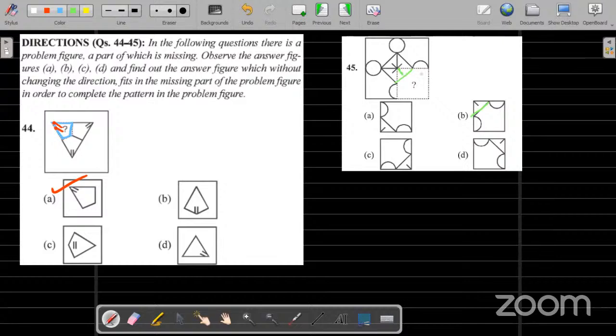If you fill the other part, it has to be like this, right? So this will be the answer, and that is option B. Without changing the direction, that must fit into the missing portion. So 44 is option A, 45 is option B.